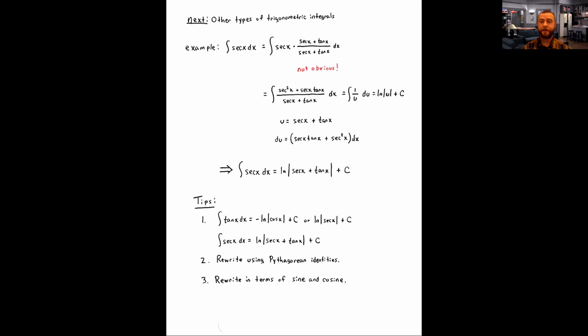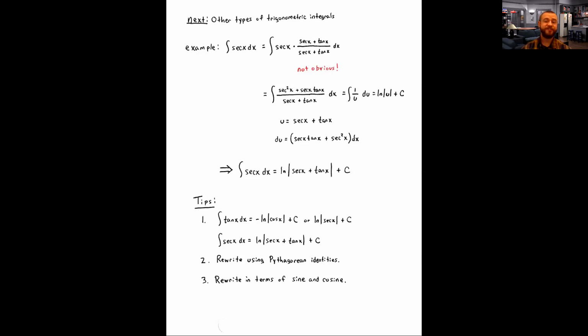A second tip is that if it doesn't seem to fit the approaches for powers of sine and cosine or powers of secant and tangent, try to rewrite certain expressions in the integral using Pythagorean identities. If that doesn't seem to work, your approach of last resort is to try to rewrite everything in terms of sine and cosine.